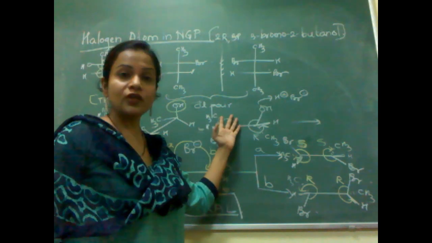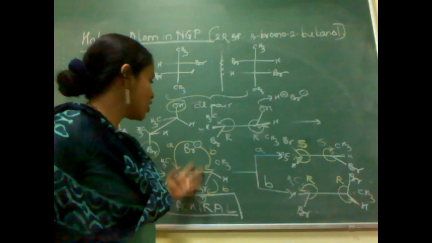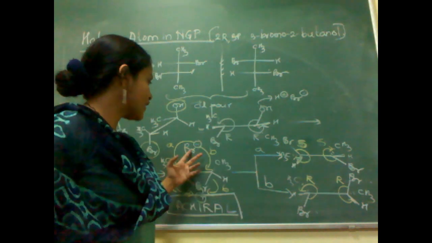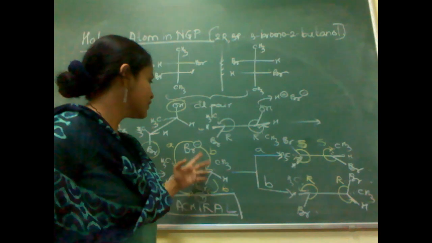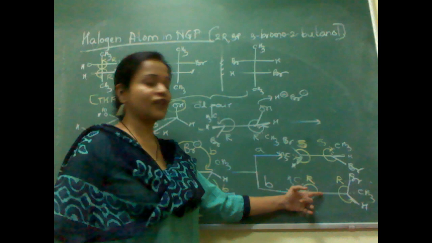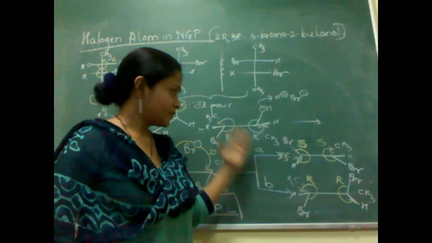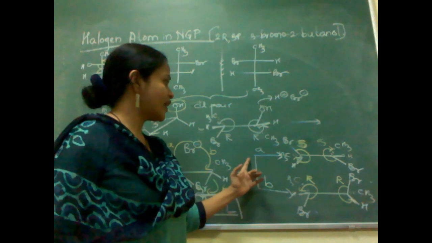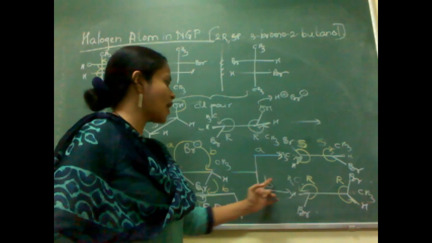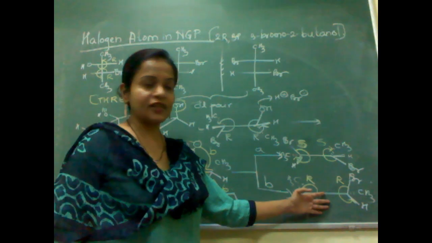The reason is that there is equal probability of attack from the bromide ion, that is, it involves both pathways, so you get the formation of the enantiomers. Through pathway A you get SS, through pathway B you get RR. So equal probability is there.